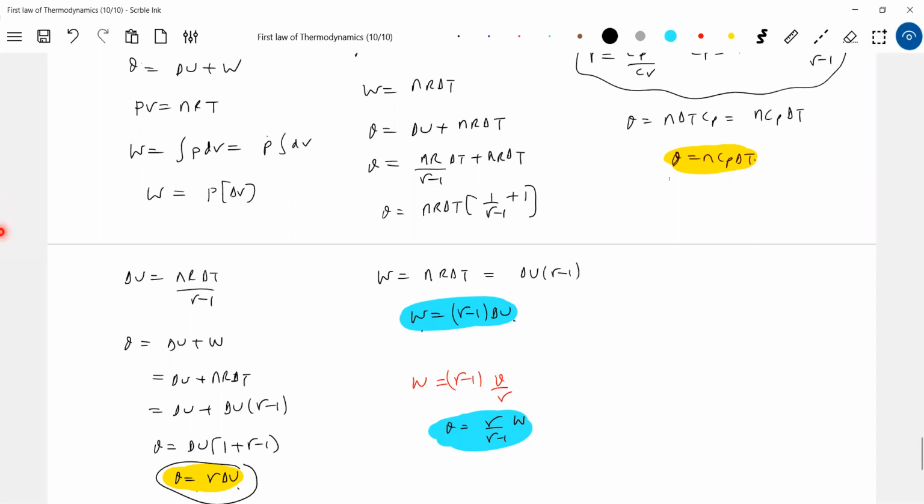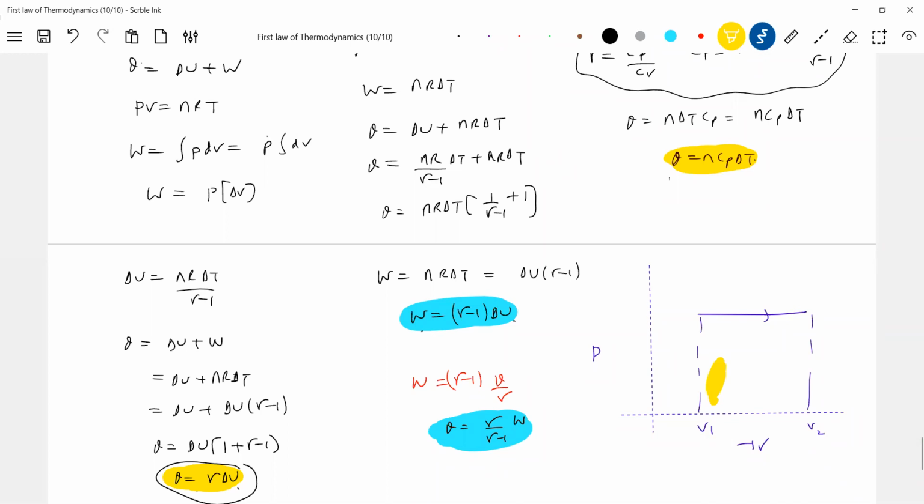How can pressure of gas be constant? How is it possible? Now the gas will undergo a process such that the pressure of gas will be constant. So there's a path, you can see now. The gas has undergone a process, the pressure of gas is constant, the volume is changing.